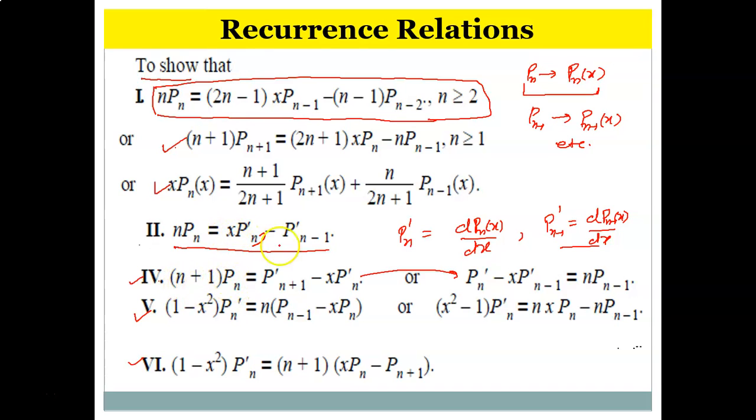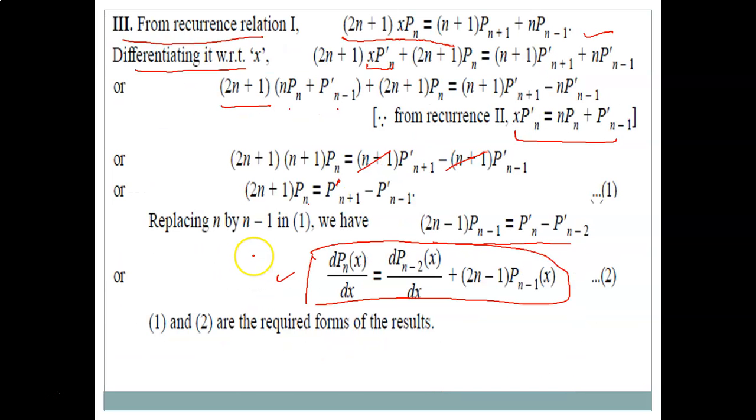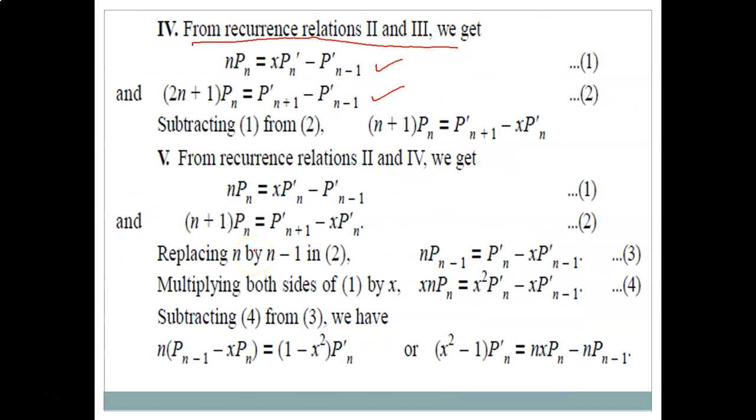Here we require (n+1) Pn, so this can be utilized here. So while proving this recurrence relation, we write recurrence relation 2 as well as recurrence relation 3. Now subtracting 1 from 2, we get this relation. It is direct calculation. Just using recurrence relations second and third, we can directly obtain the fourth recurrence relation.